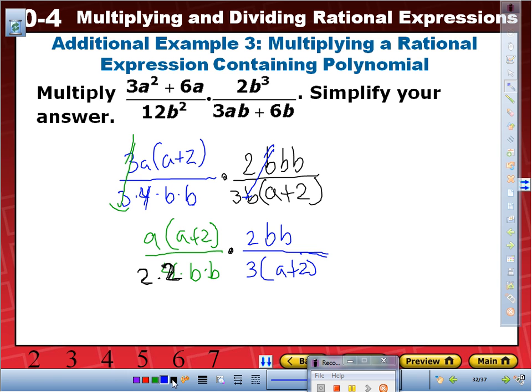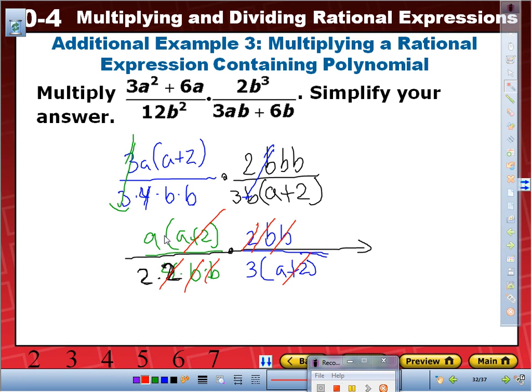At that point, since I can't simplify anymore, I'm going to multiply going that way. So, do I identify my GCF? Let's see. 1, 2, 1, 2, 2 b's, and 1 a plus 2. Anything else?